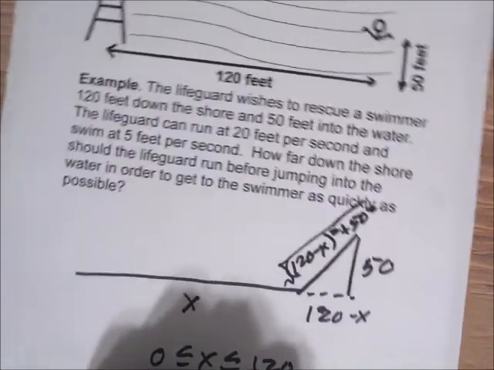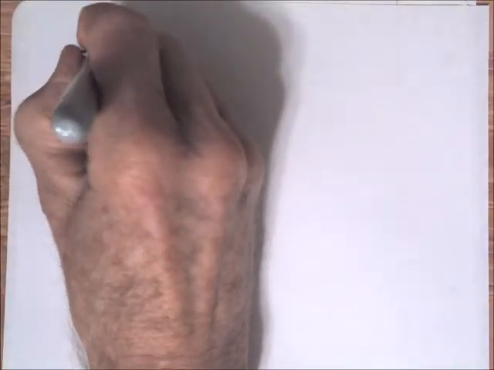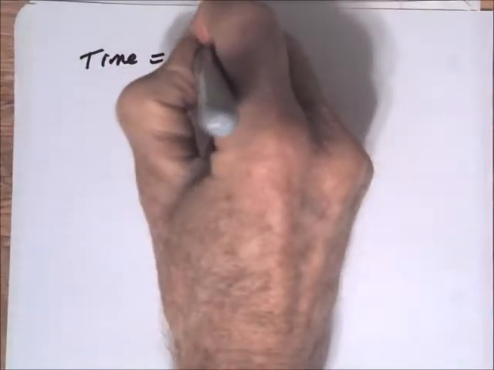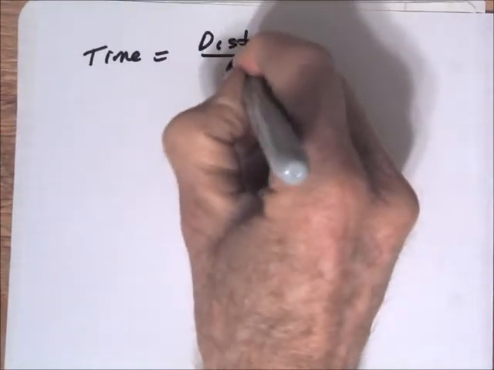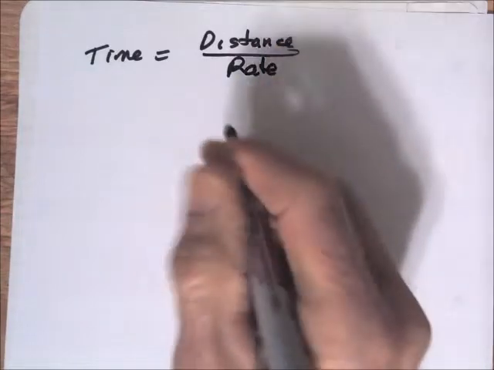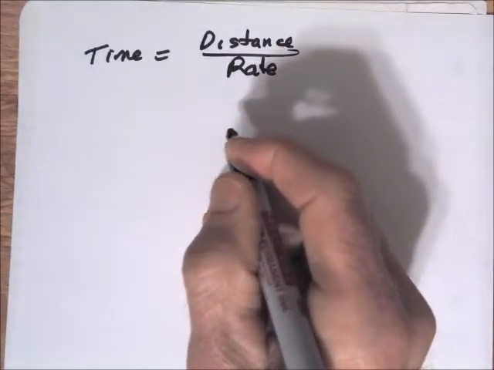Okay, so what we're trying to minimize is the time. We want to write down a formula for the time. The time is the distance divided by the rate, and part of that will be on land, part of it in water.